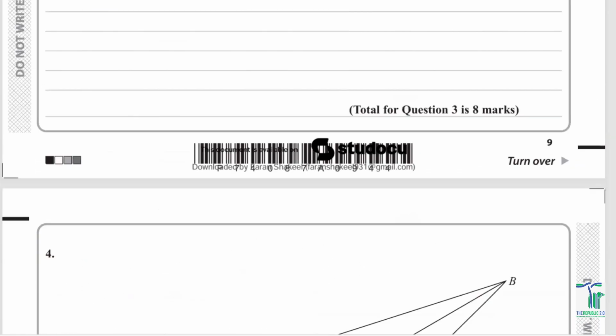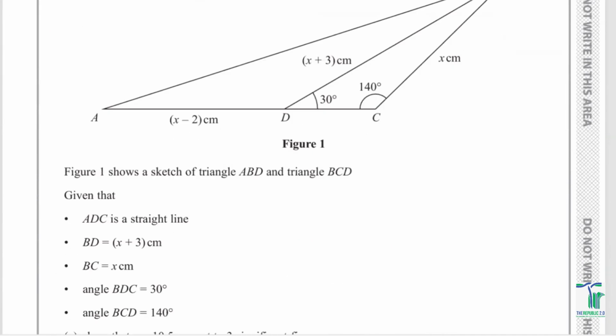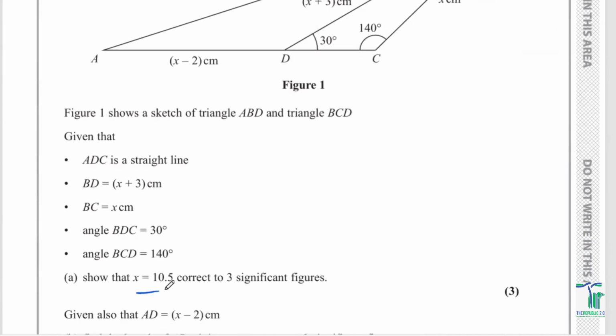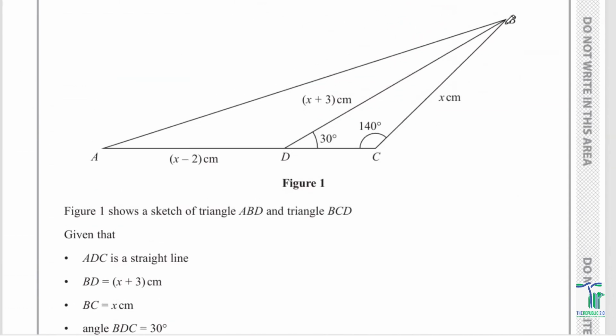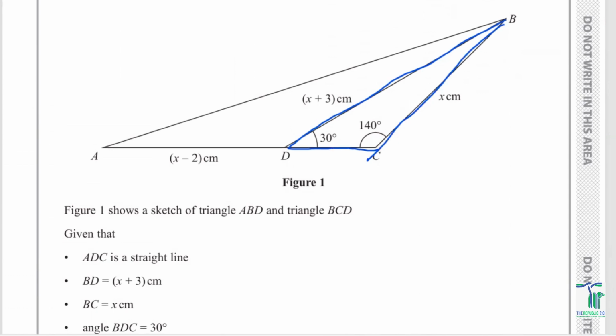Now, we've got question number 4, and first of all, we need to find out x. If you look into this triangle, you can see that x is the opposite side of 30 degrees and x plus 3 is the opposite side of 140 degrees. So you can simply apply the sine rule.